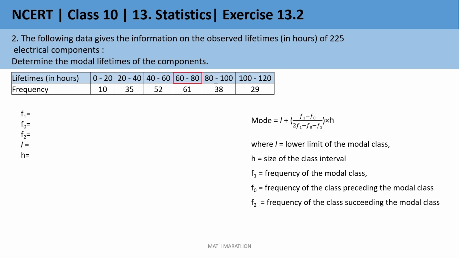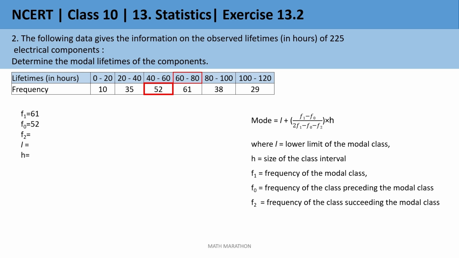In frequency, look for the maximum one, which is 61. The class corresponding to that frequency is called modal class. F1 is frequency of the modal class. F1 is 61. F0 is frequency of the class preceding the modal class.